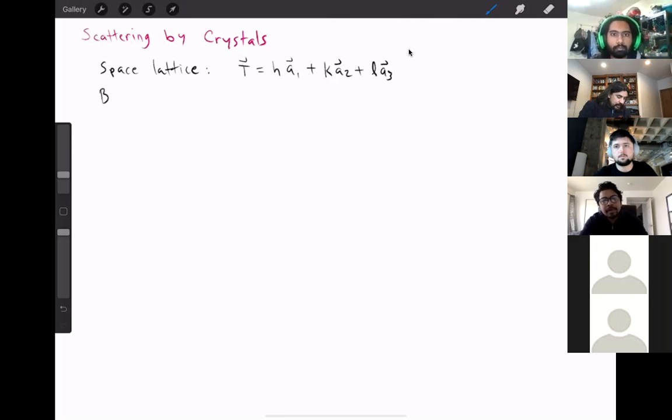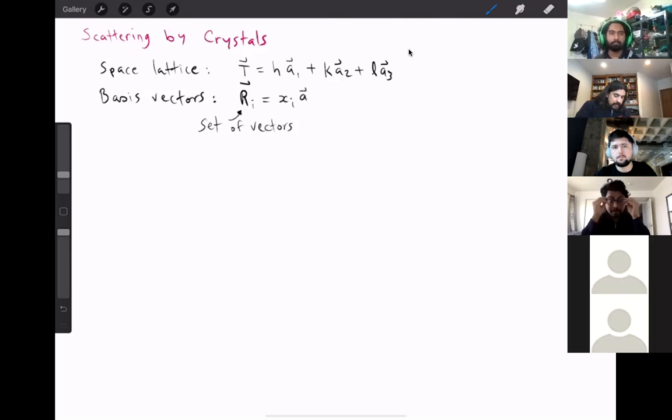So then we have these basis vectors, and this, guys, is where you would put the atoms. We have a set given by Ri. Remember, this is a set of vectors, and these xi, yi, and zi are fractions.